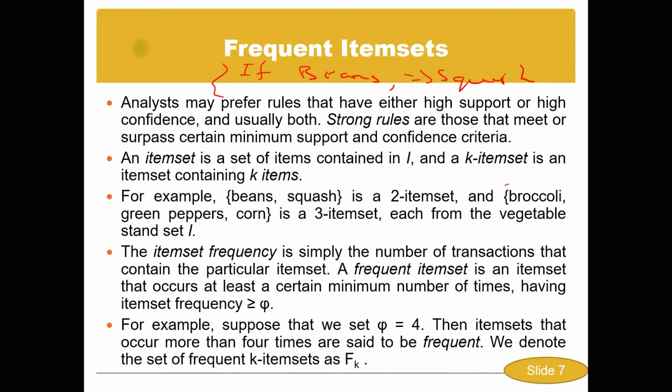If you consider, for example, this one, broccoli, green pepper, and corn, here an example is that you can derive a two antecedent rule. If buy broccoli and green pepper, then buy corn. Or another rule that you can derive, if buy broccoli and corn, then buy green pepper. That's another rule that you can define. Or another rule would be if buy green pepper and corn, then buy broccoli.